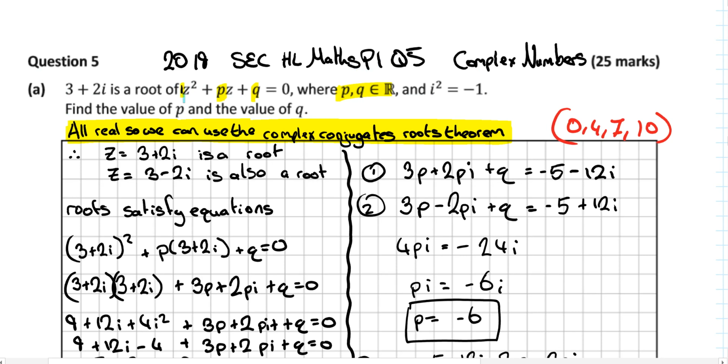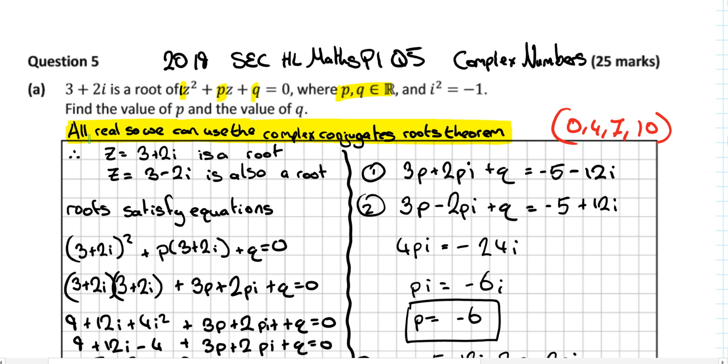Okay, so the bits in yellow here that I've highlighted, I've actually introduced. The question doesn't have a coefficient on the z squared, but I introduce a 1 here just to remind you that all the coefficients, so the numbers in front of the variable, so the 1 and the p are real, and q, the constant, is real. So all real.